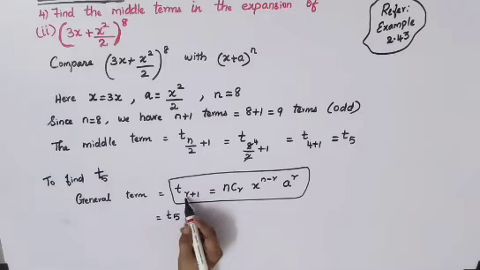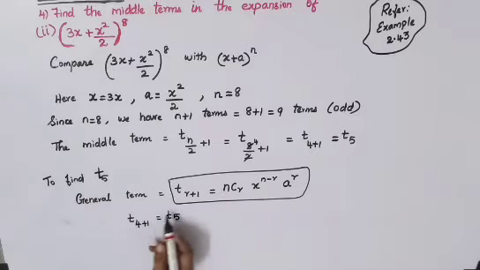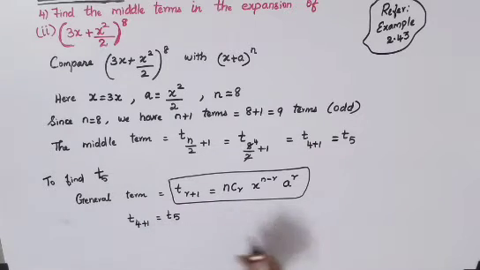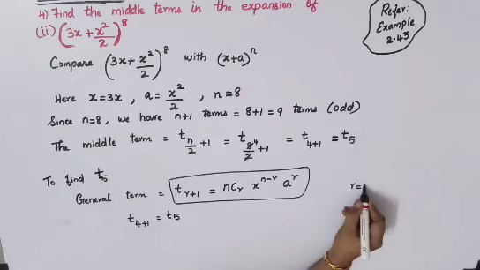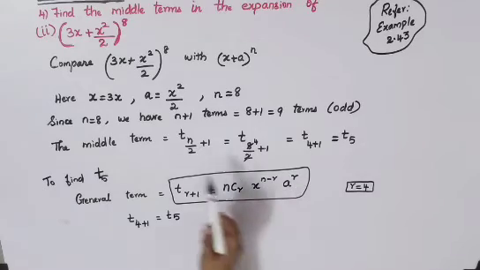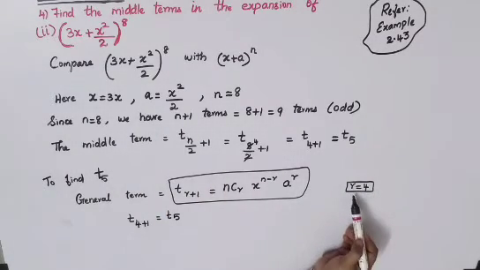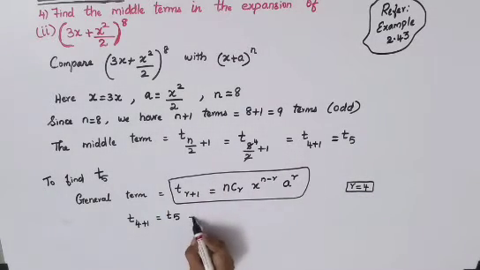So 5 means 4 plus 1 only, so before that you write it as T(4 plus 1). Therefore in the place of r you have got 4, so you can write here r is equal to 4. Now substitute all the values, that is your n, r and a. We'll just go for the substitution.